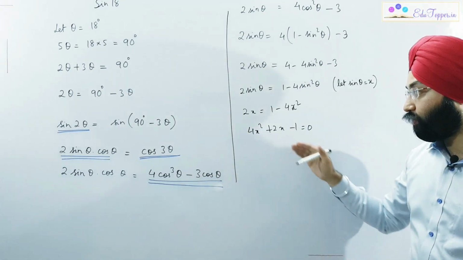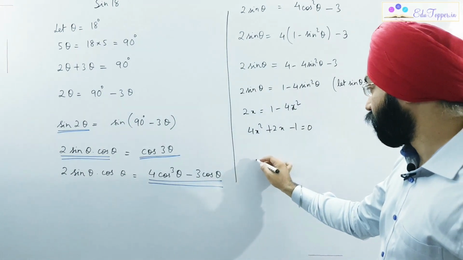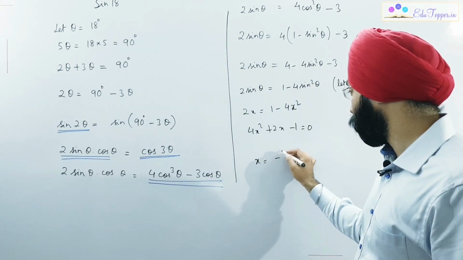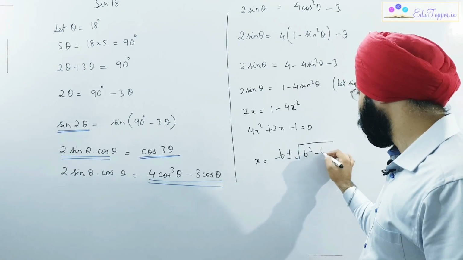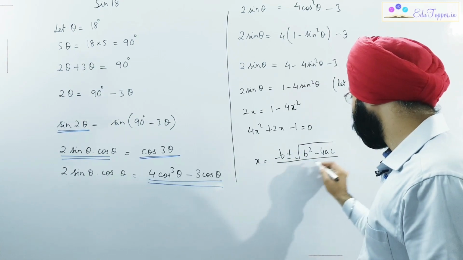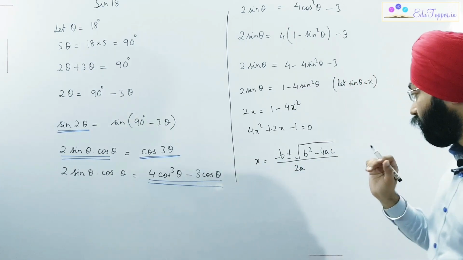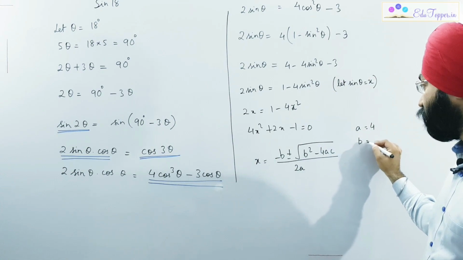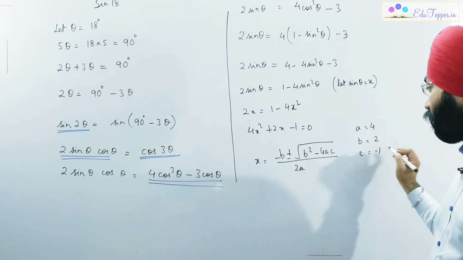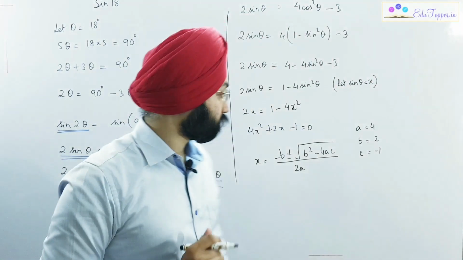Now we'll solve for the value of x, like x is equal to minus b plus or minus square root of b square minus 4ac, by 2a. Here the value of a is equal to 4, the value of b is equal to 2, and the value of c will be negative 1.